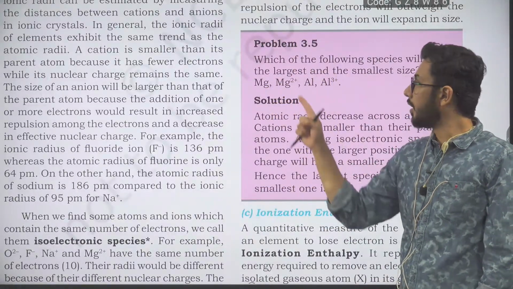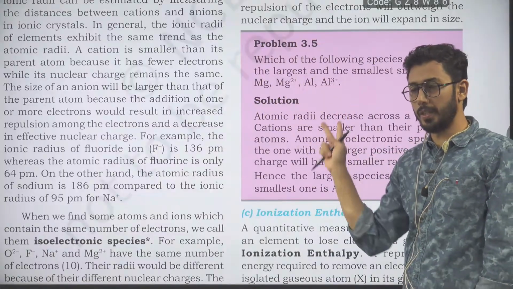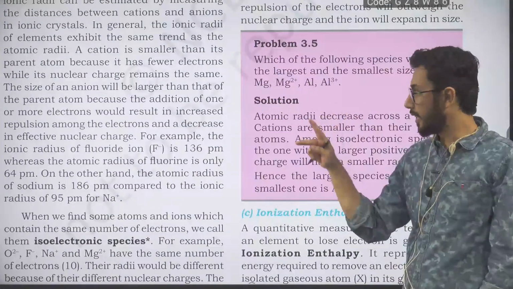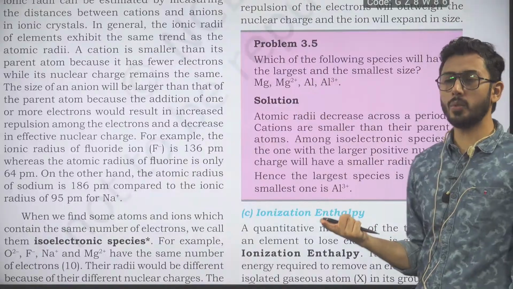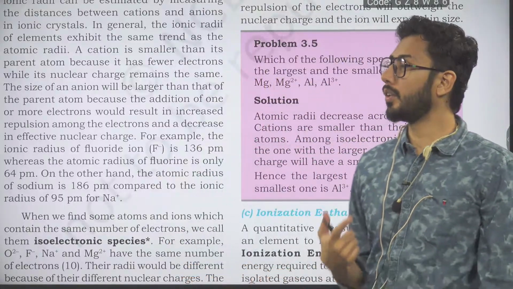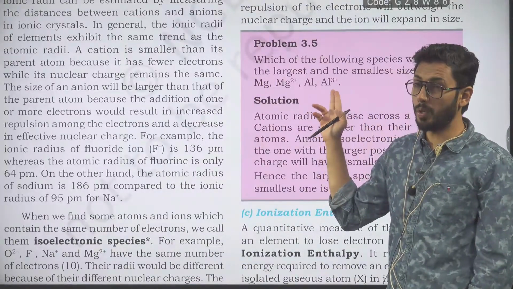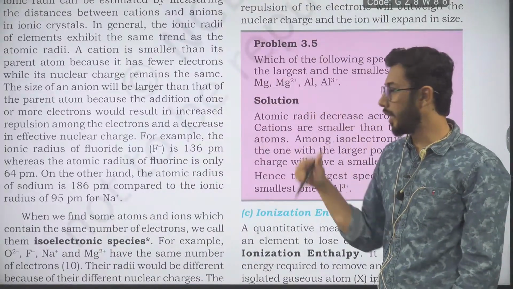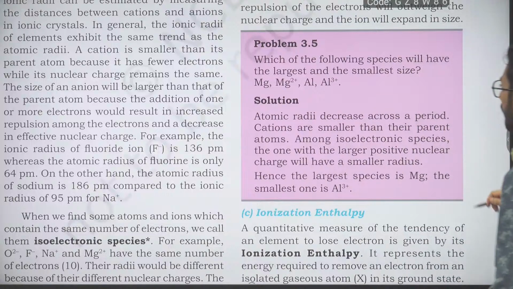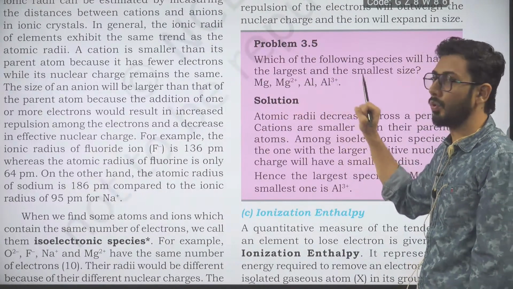Periodic trend. Mg more than Al. So first, third. Then between these two, they are isoelectronic species. Among the isoelectronic, we also know that aluminium plus 3 more positive, lesser the ionic radii. So final order should be 1, 3, 2, 4.